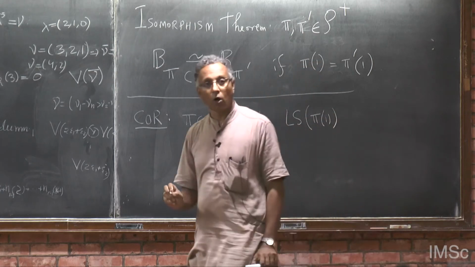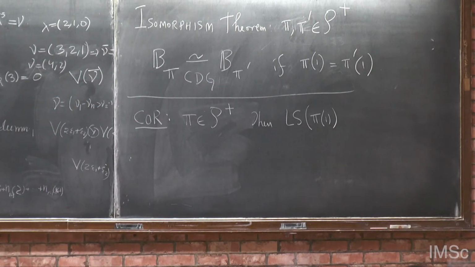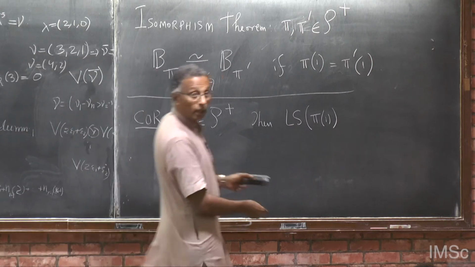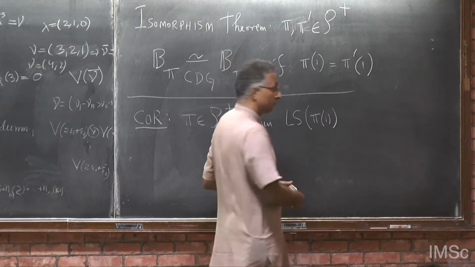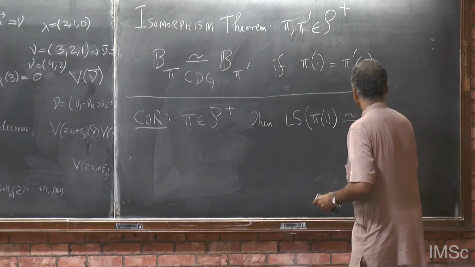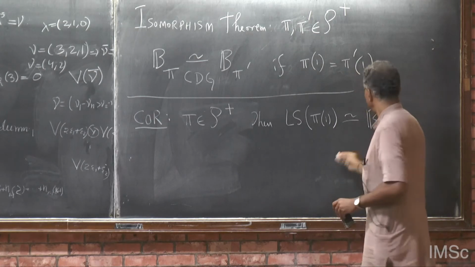So, pi 1 is a dominant integral weight, and therefore, I can talk about the LS paths of shape pi 1, that is, you take the straight line path and it is the B of that straight line path. That is in particular, so if I take pi prime to be the straight line path, then I see that this is isomorphic.